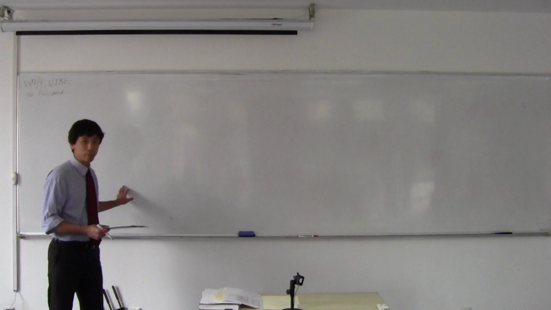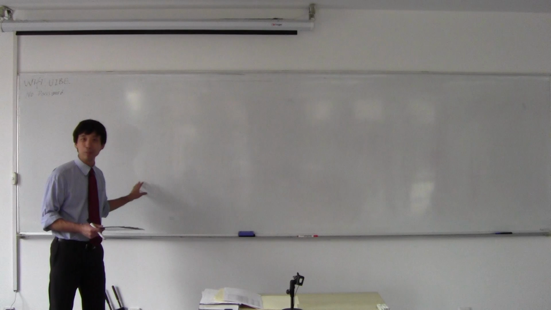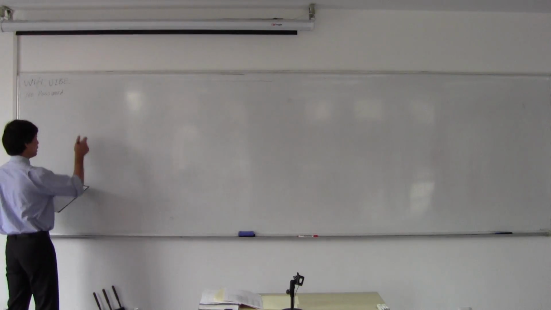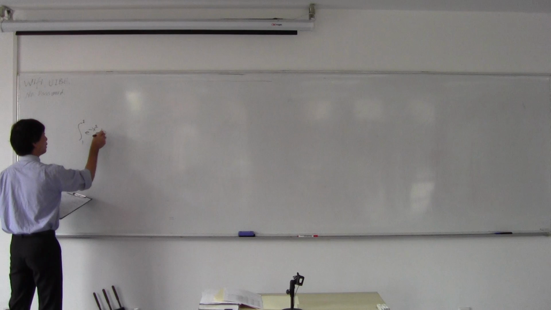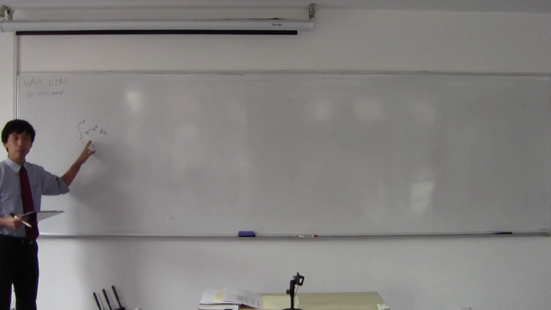And so what we're going to talk about for a little bit is what happens if you don't have an antiderivative. If somebody says, what's the definite integral of e to the minus x squared from 1 to 2? How would you approach this problem at this point?